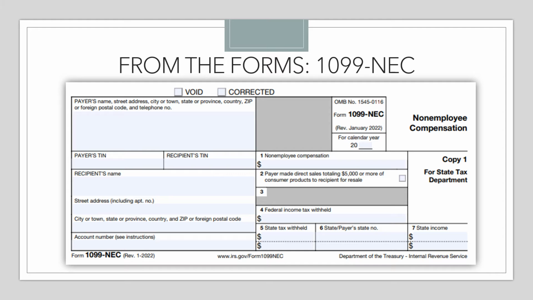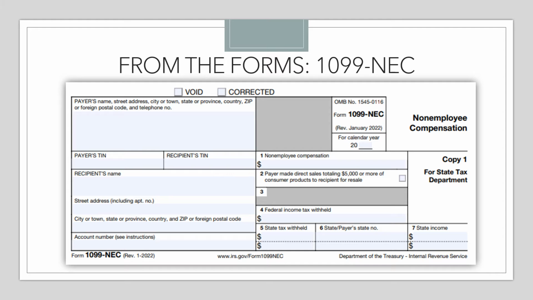Box 1 is where that non-employee compensation will be reported, and box 4 is where the income tax is withheld. In TaxSlayer, this is a form that you can choose right off of the income menu, and it will take you to an input screen where you can input all of this, and from there you can attach it to a Schedule C, which we'll talk more about later.